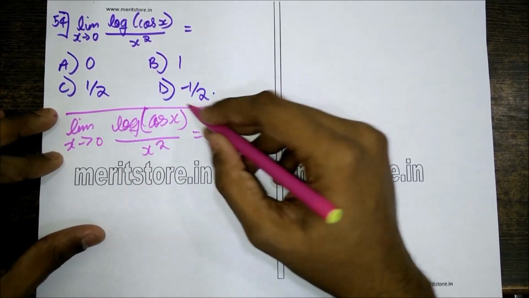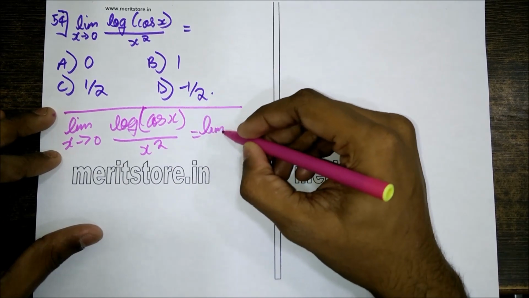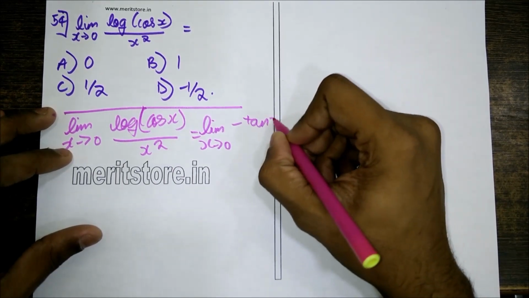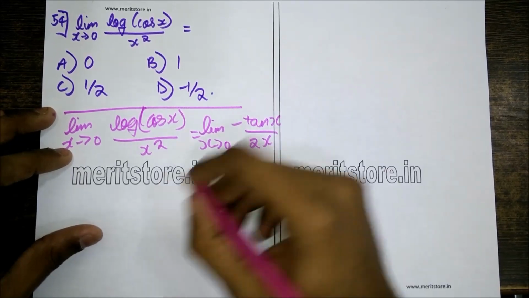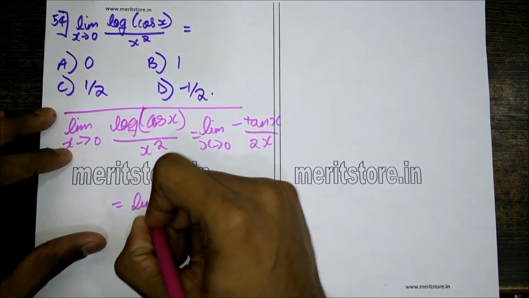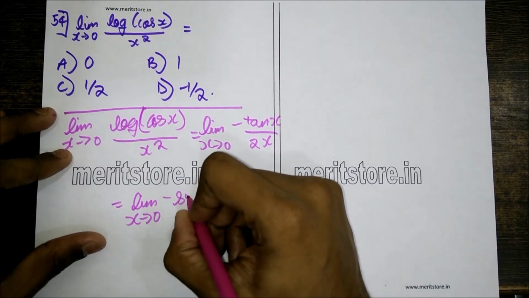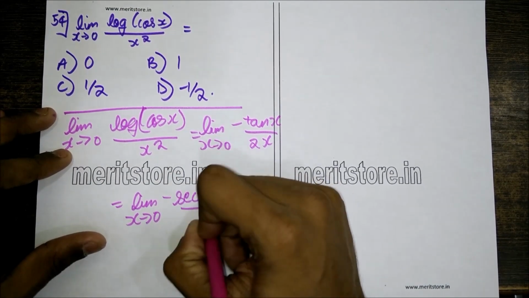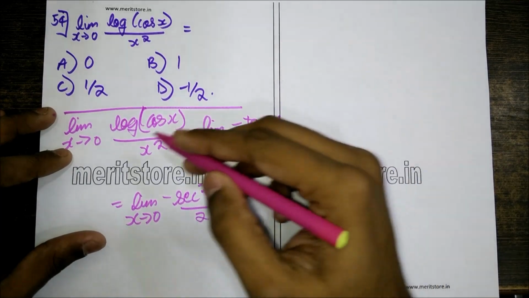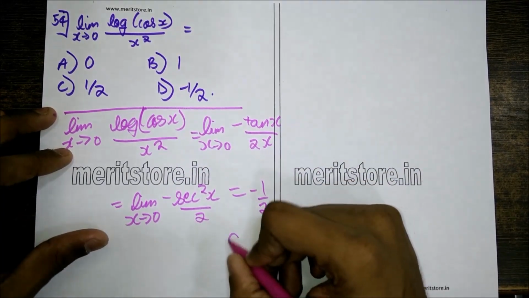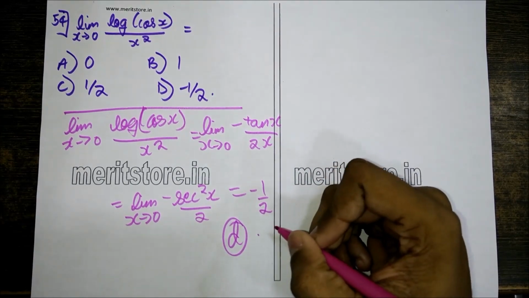We apply L'Hopital's rule on this, giving us limit of x tends to 0 of minus tan x by 2x. Now again we use the same, giving us x tends to 0 of minus sec square x by 2, and applying the limit of x tends to 0 we get minus 1 by 2, which is option D.